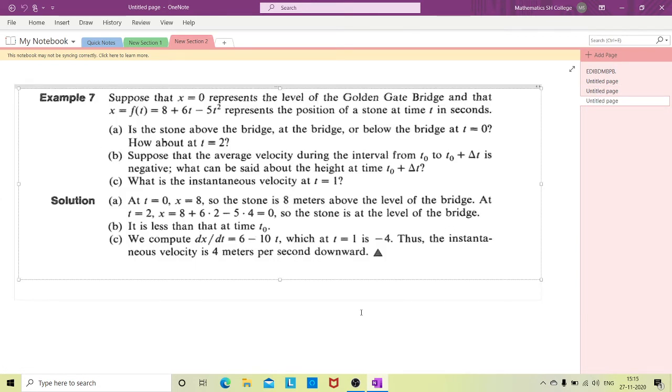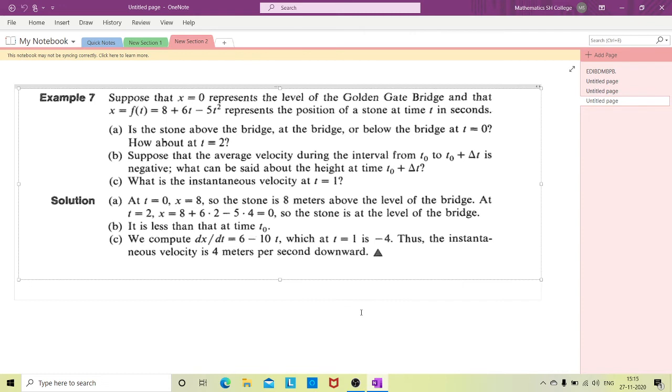So you see example 7. Suppose that x equal to 0 represents the level of the Golden Gate Bridge, and that x equal to f of t equal to 8 plus 6t minus 5t square represents the position of a stone at time t seconds. A. Is the stone above the bridge, at the bridge, or below the bridge at t equal to 0?